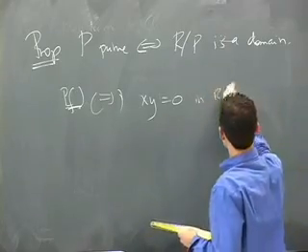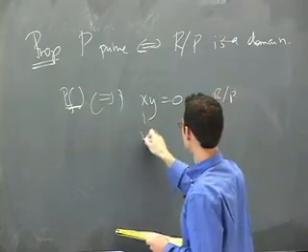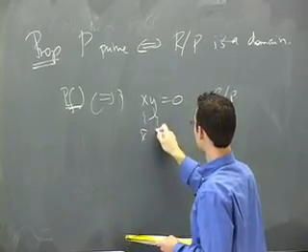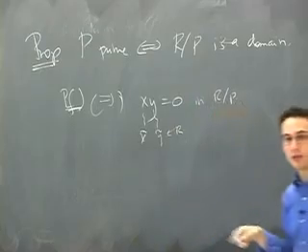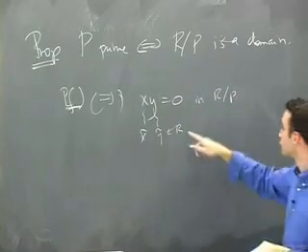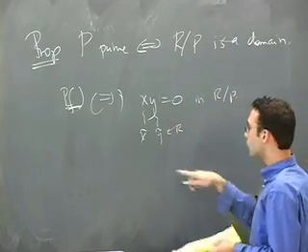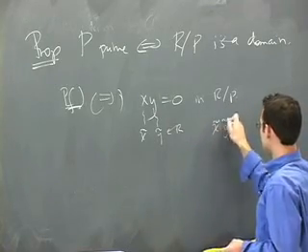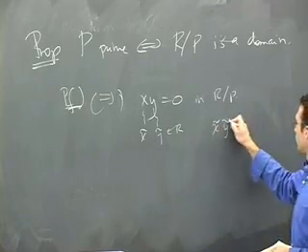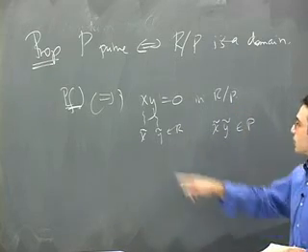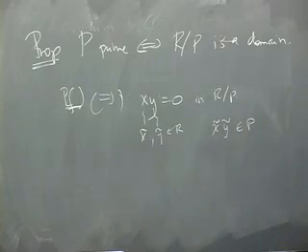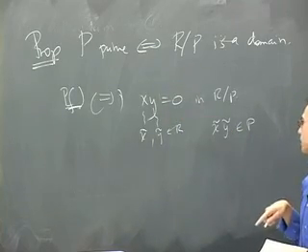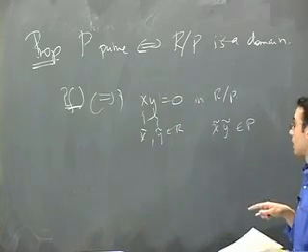Well, I can lift this x to some x tilde, and this y to some y tilde in R. These are just preimages under the canonical homomorphism from R to R mod P. By definition of this canonical map, x tilde y tilde must be in the kernel, namely in P. So we have x tilde and y tilde, lifts of x and y, and the fact that the product of x and y is 0 says that x tilde times y tilde is in this prime ideal.